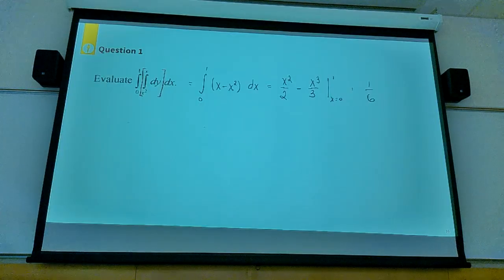And there is your iterated integral, 1/6. So not difficult. It's just an iterated integral, so it's really just techniques of Calc 1 and Calc 2 done twice.